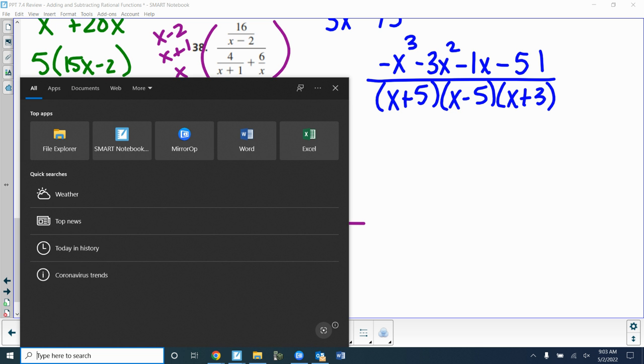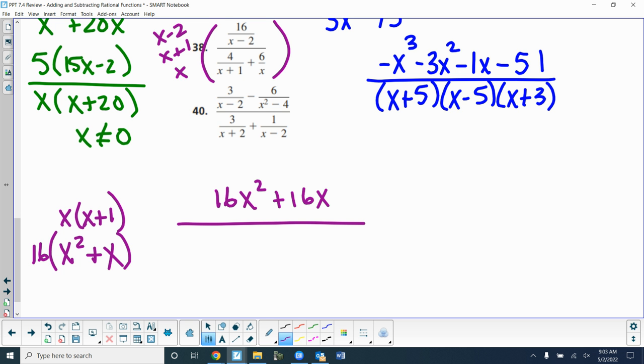That's pretty easy. Okay? For this first fraction, what happens with the x plus 1s? They cancel. So I have an x and an x minus 2, right?